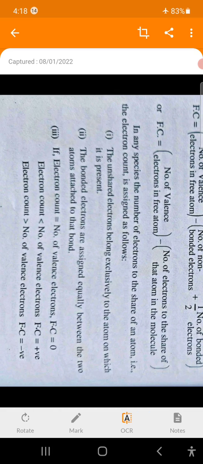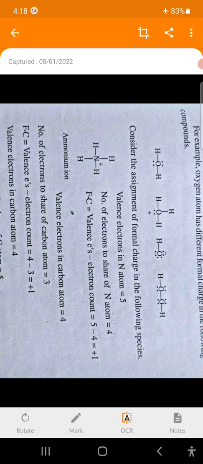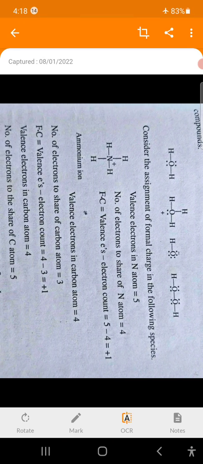Here we discuss one example. If we consider NH4 plus, then the valence electrons in nitrogen are 5, and the number of electrons to the share of the nitrogen atom is 4. Therefore, formal charge is equal to valence electrons minus electrons shared by that atom.